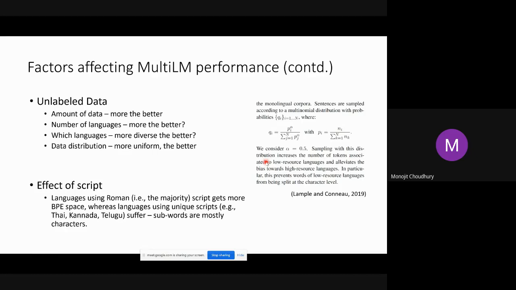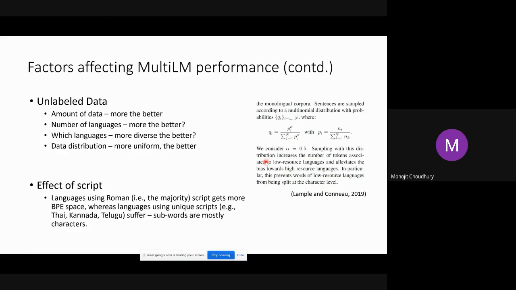So what happens as we increase the number of languages in these pre-trained models? What happens to the distribution of languages? Shall we choose languages which are in the same family or closer to each other and train models, or should we take a diverse set of languages and then develop our pre-trained models?